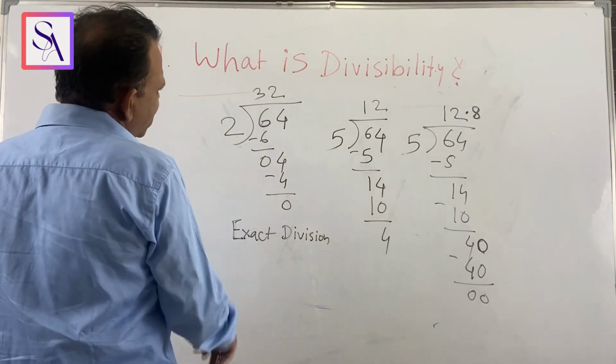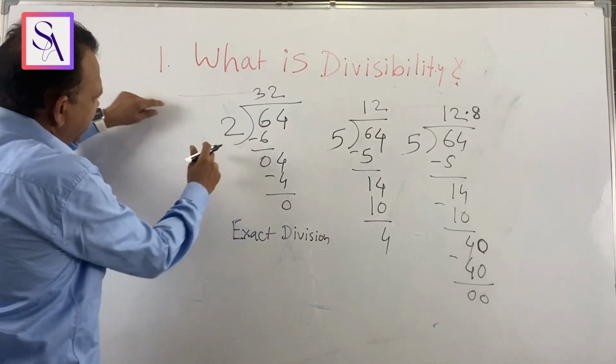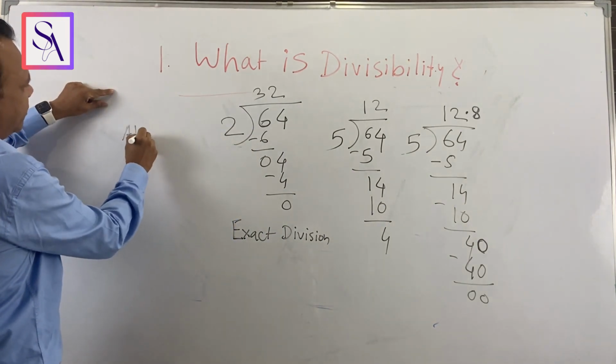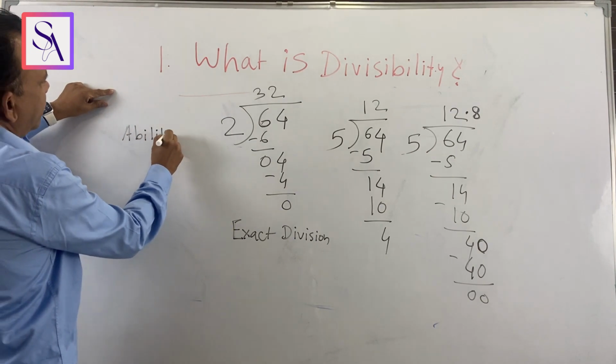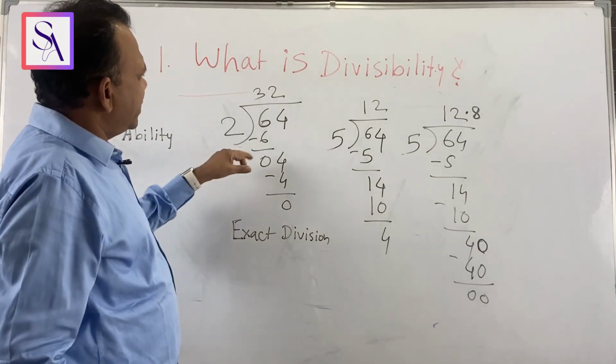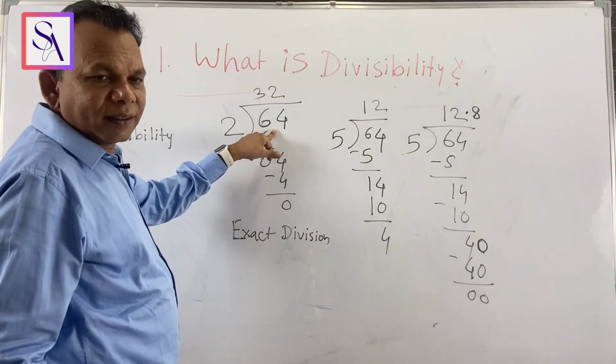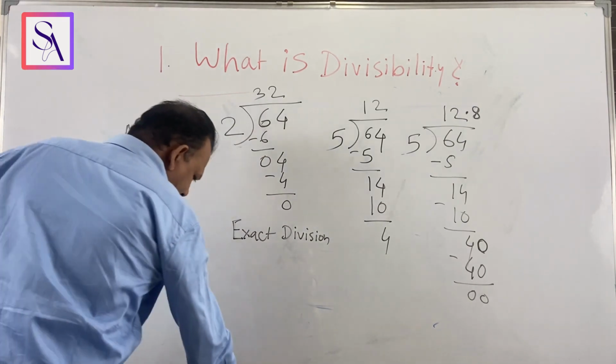Can I also say that this 2 has the ability to divide this 64 exactly, right? I can say that.